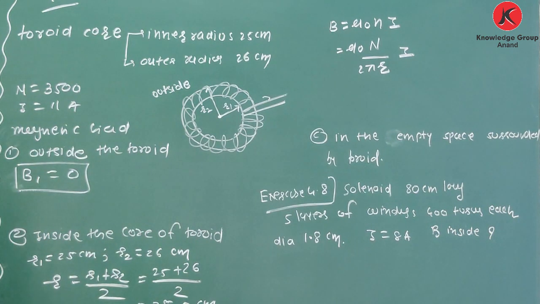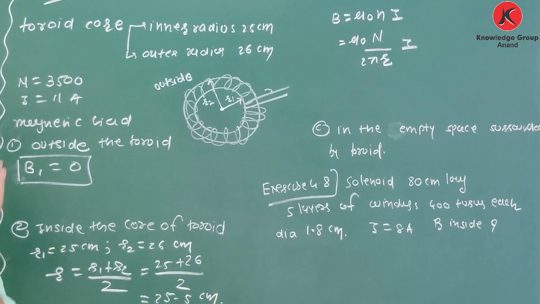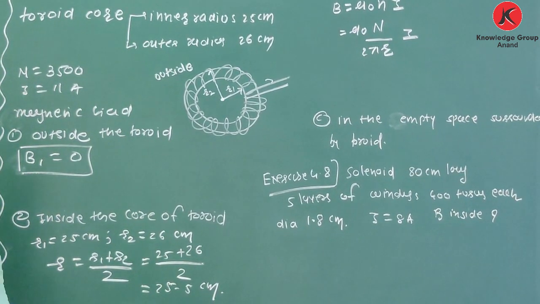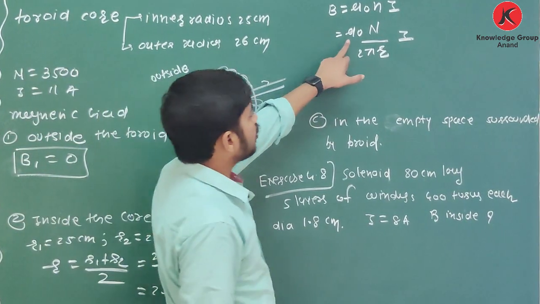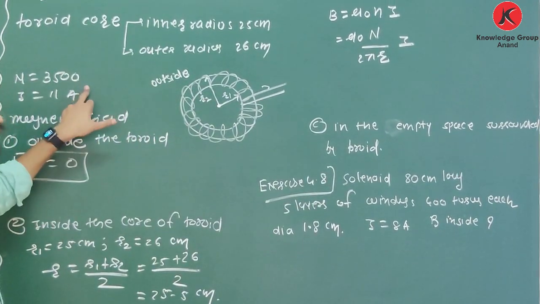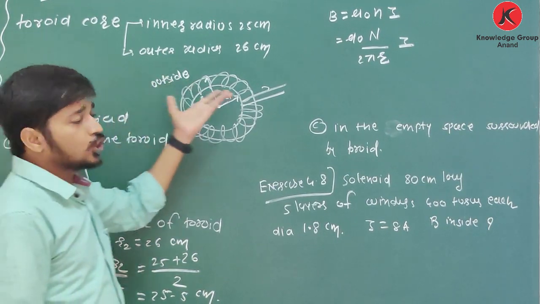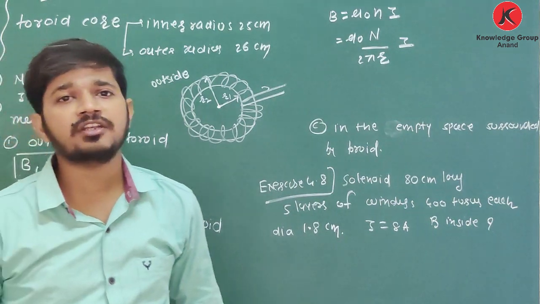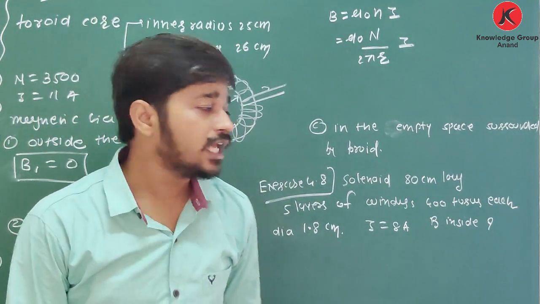Clear about this? So the value of r you have to consider is 25.5 centimeter. Now you are given each and every data: mu 0 is 4 pi into 10 raised to minus 7, N is 3500, I is 11 ampere, 2 pi as it is, and the value of r is 25.5 centimeter. You can easily find it.